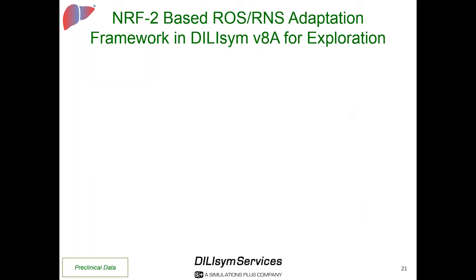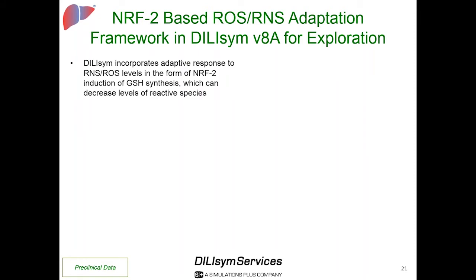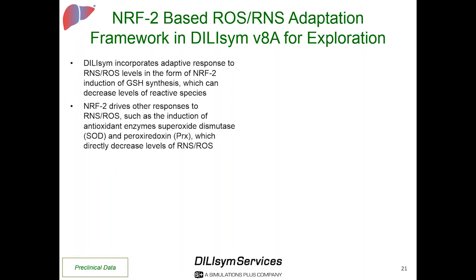So in addition, I want to talk about NRF2 and its response to oxidative stress. We incorporate an adaptive response, and have in the past, from NRF2 on glutathione synthesis and homeostasis. However, we also know that it drives up glutathione and other enzymes for the purpose of clearing oxidative stress, not just for the purpose of clearing reactive metabolites.